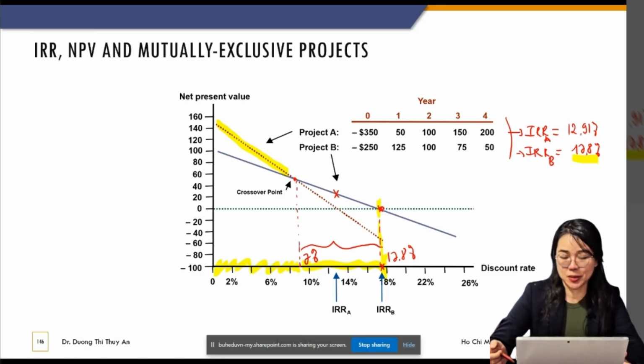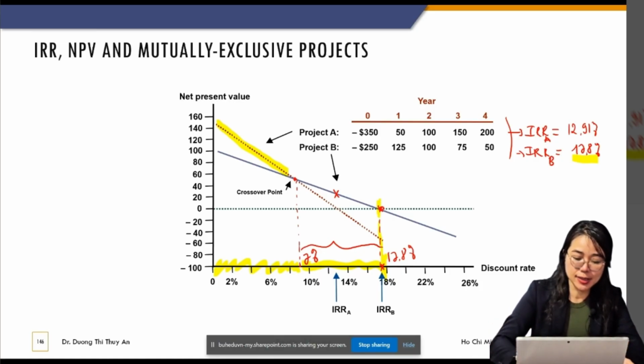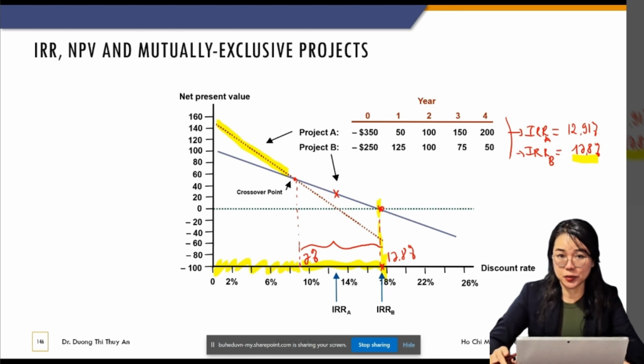So we choose project B. And if the required rate of return is higher than 17.8%, then we don't choose any project because both projects have negative NPV.